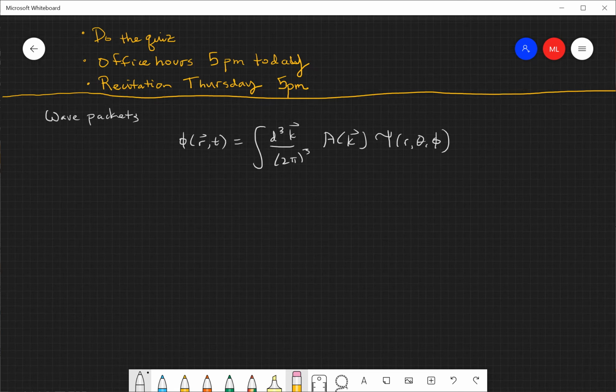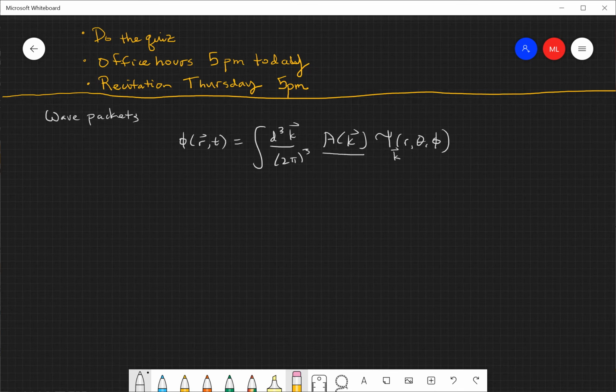And of course this depends on K. K is labeling the stationary scattering solution, and that's sort of the incoming momentum. And you just have a distribution of incoming momenta, right?